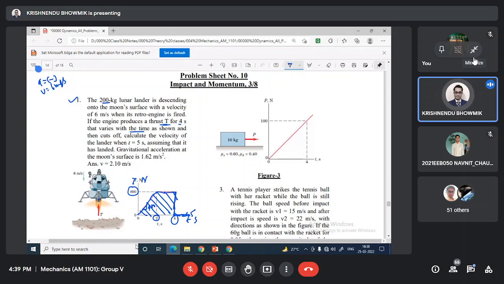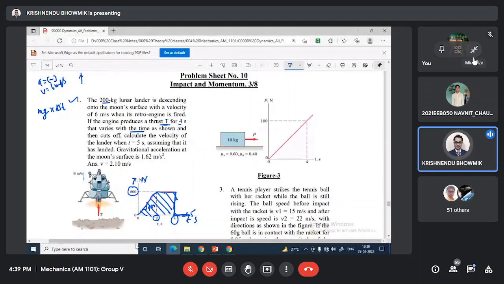Now very interesting to follow whatever force has been acting here. Can you tell me what forces are acting here? mg. So mg multiplied by delta t is acting downward, correct?